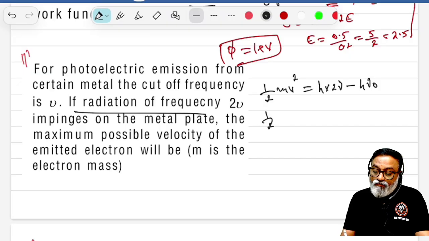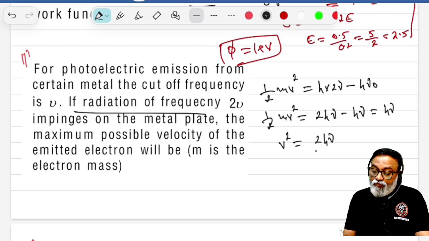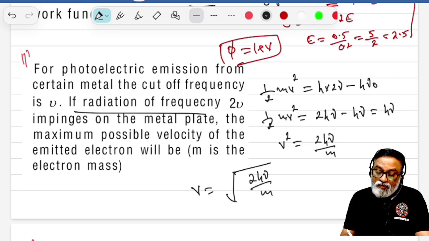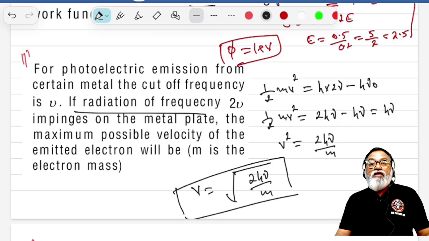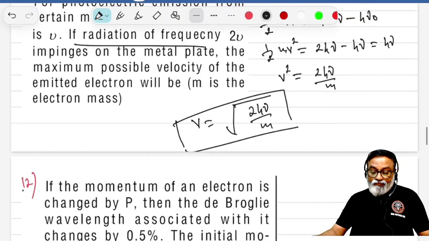Therefore, half m v squared is equal to 2h nu minus h nu, which is equal to h nu. Therefore, v squared is equal to 2h nu by m. Therefore, v is equal to the square root of 2h nu by m. This is the velocity of emitted photoelectrons.